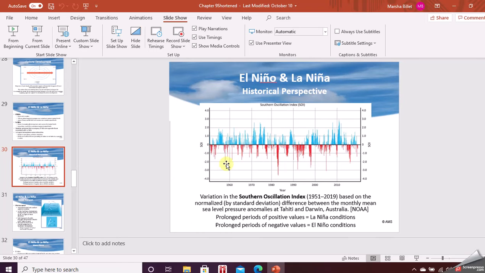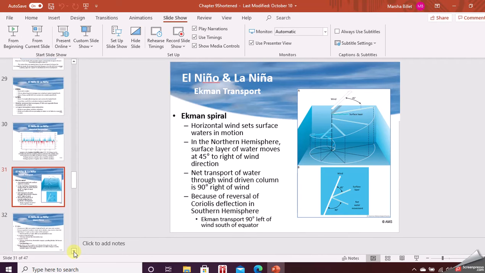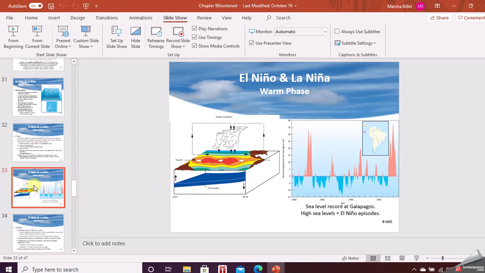La Nina and El Nino, they alternate a lot of times. You get the historical perspective here of how many La Ninas and El Ninas we've had. But they really shape a lot of what happens. They're kind of caused by the Ekman transport that you've learned about here. In an El Nino, or warm phase, you get lots more thunderstorms over the Pacific.